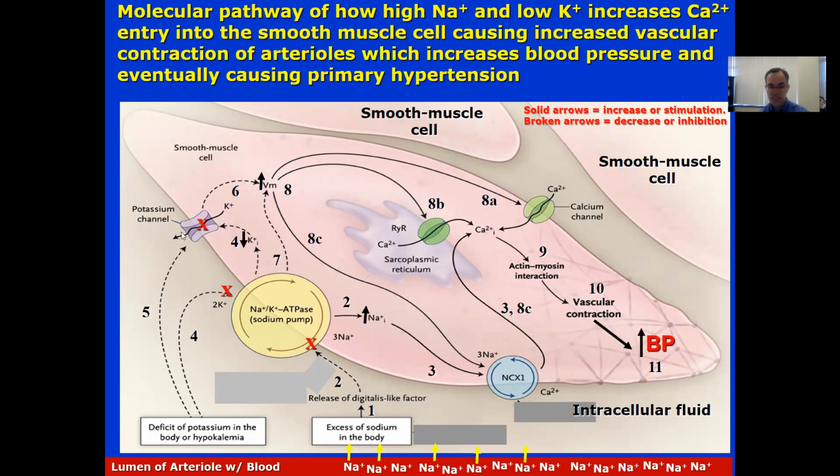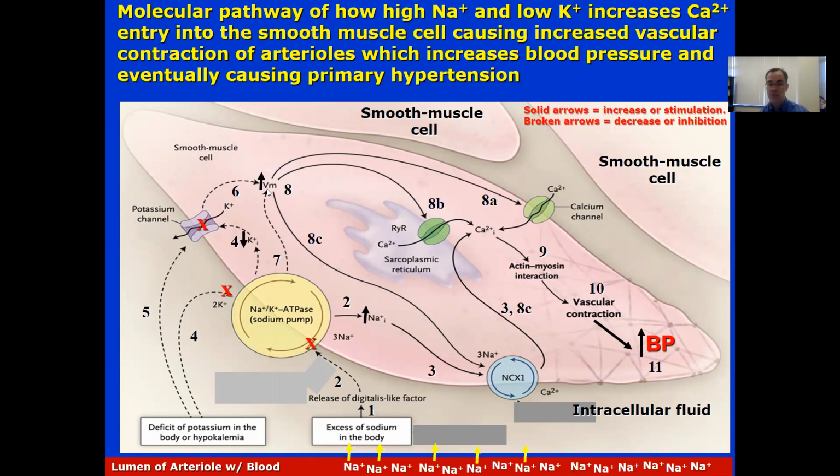Normally, potassium leaves through this potassium channel, but it closes due to the stopping of the sodium pump. This is going to trap any remaining potassium inside the vascular smooth muscle cell. Well, when you trap this potassium inside the vascular smooth muscle cell, because of the prolonged closing of this potassium channel, that's going to cause hyperpolarization of the vascular smooth muscle cell.